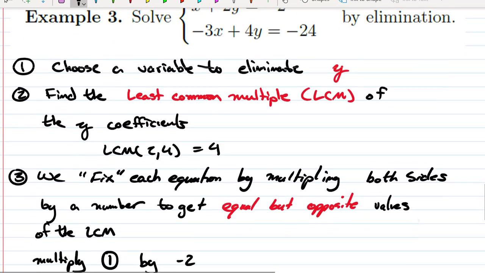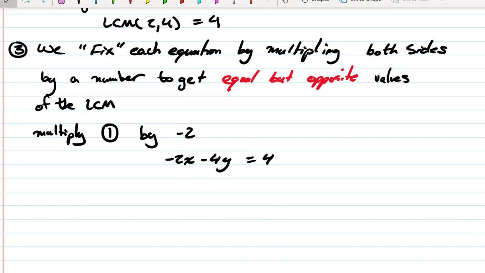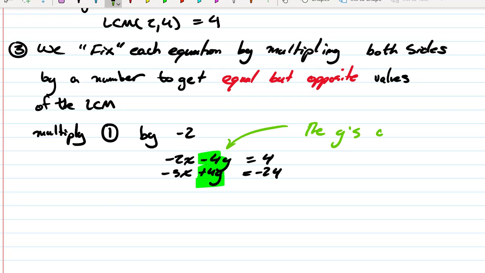And then the second equation doesn't need to change at all. So then I'm going to have the negative 3x plus 4y equals -24. And we should note the y's are equal but opposite.